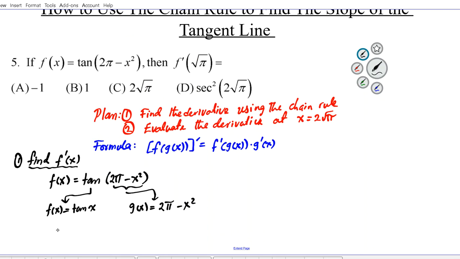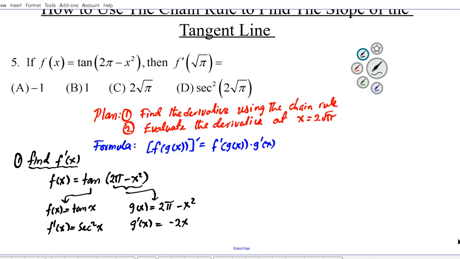So f prime of x, the derivative of tan is secant squared x. And then g prime of x, the derivative of 2 pi minus x squared: the derivative of 2 pi, since it's a constant, is 0, and the derivative of x squared is negative 2x.